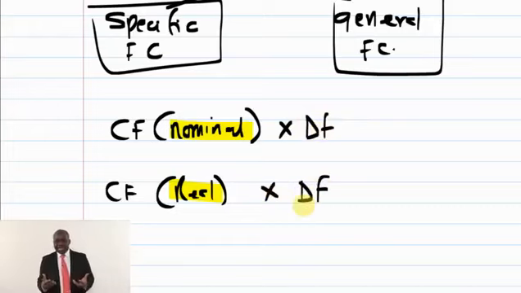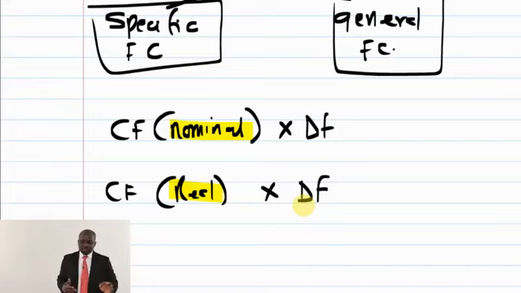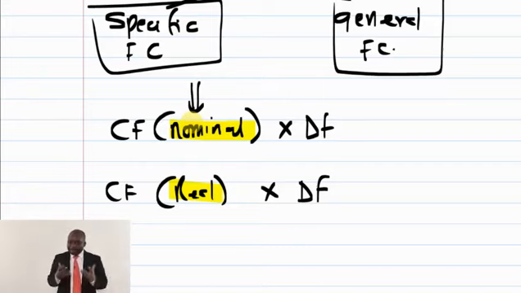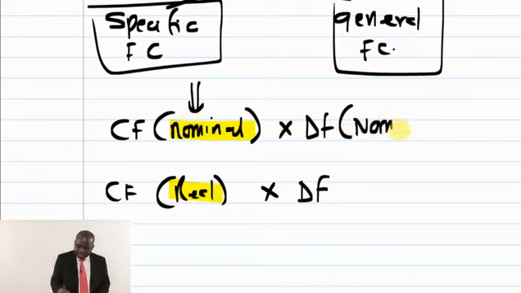What do we mean by the appropriate? The appropriate here means you would have to compare like against like. So if my cash flows are in nominal terms, the appropriate discount factor I will need should be the discount factor which is consistent with the cash flows. And that appropriate discount factor should also be the nominal discount factor.